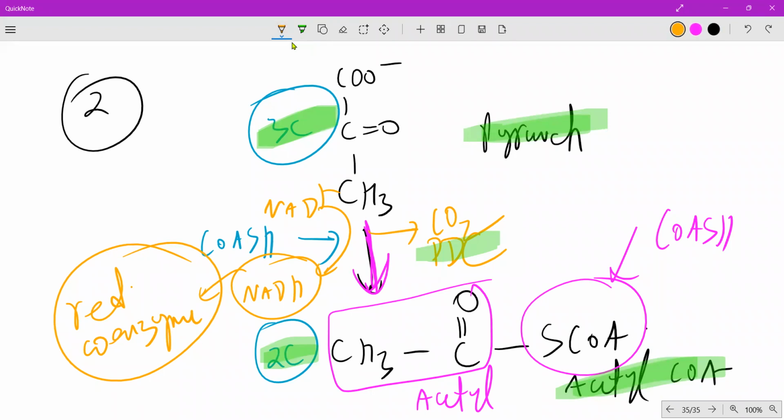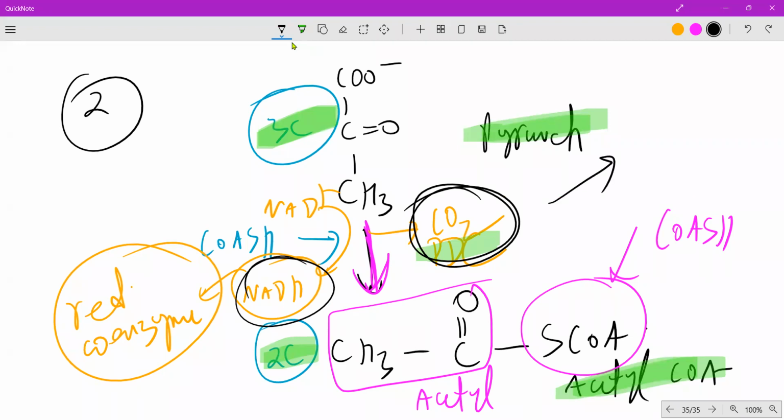And what is happening in this reaction? CO2 is coming out in this reaction, and NADH is also being produced. So this reaction is an example of oxidative decarboxylation. This is oxidative.